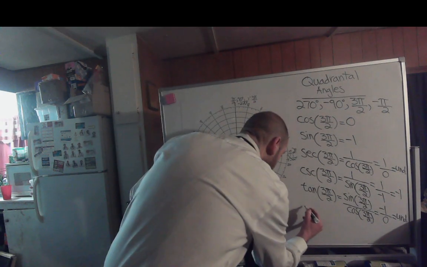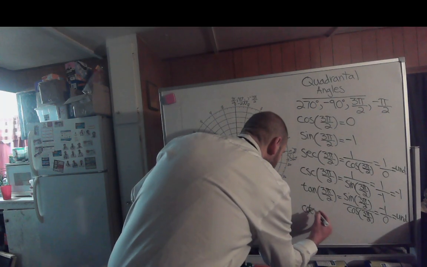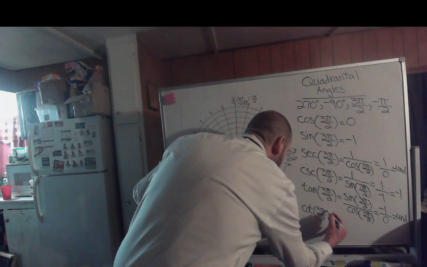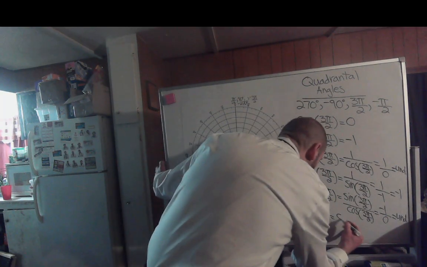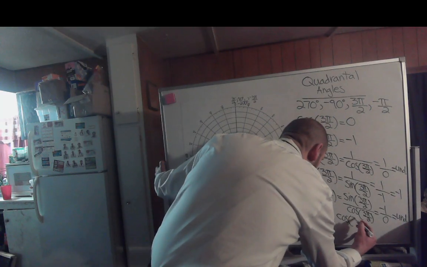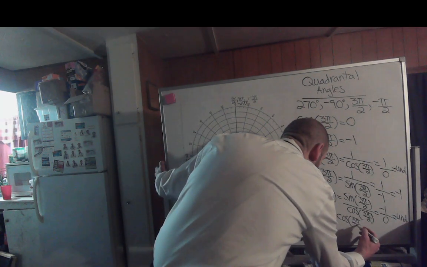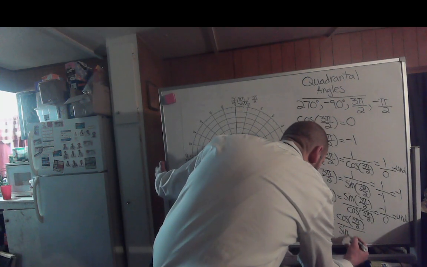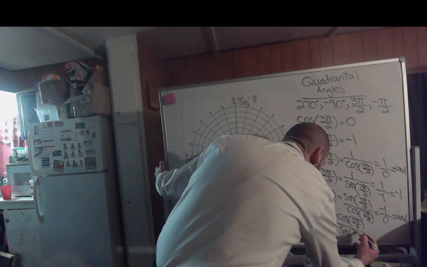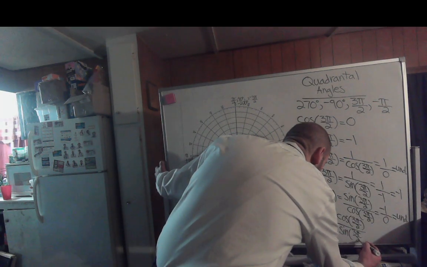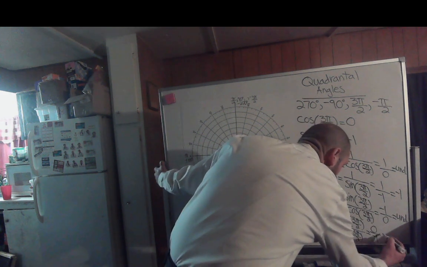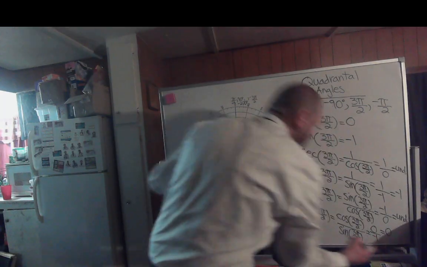Now what about the cotangent of 3 pi over 2? That would equal your cosine of 3 pi over 2 divided by your sine of 3 pi over 2, which would give you 0 divided by -1, or just plain old 0.